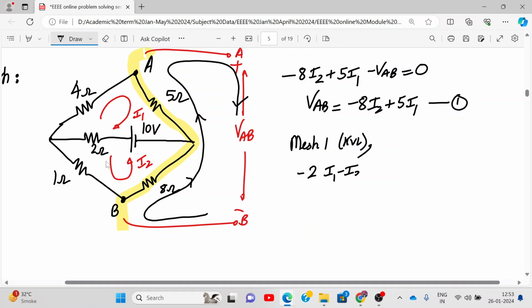Minus or plus? Minus 2 I1, but plus I2 or minus I2? Because normally in a loop, what we do is, let's say the current direction is this way, we keep the current direction almost opposite only, so it's correct. So how much will it be?